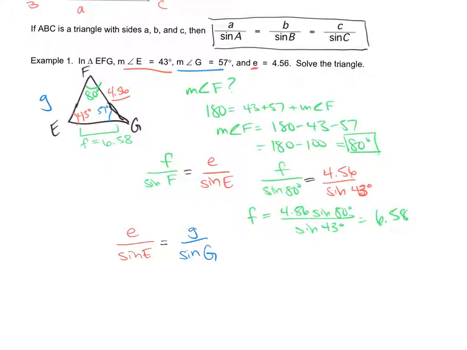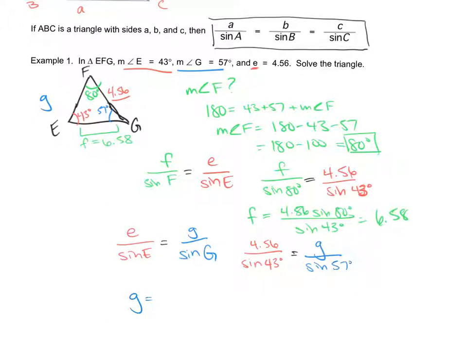So again, E is 4.56, and angle E is 43 degrees. We know that that ratio is equal to G, which is what we are solving for, divided by the sine of angle G, and G is 57 degrees. We now have a proportion we can solve for G.